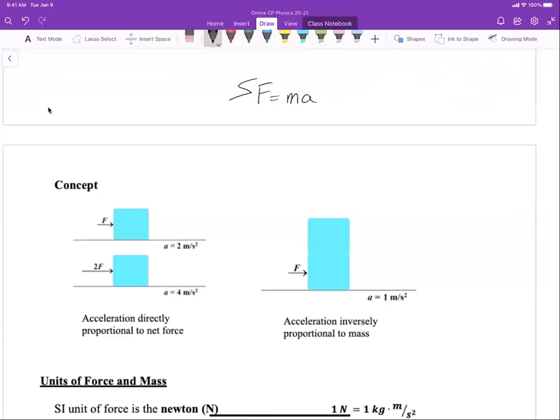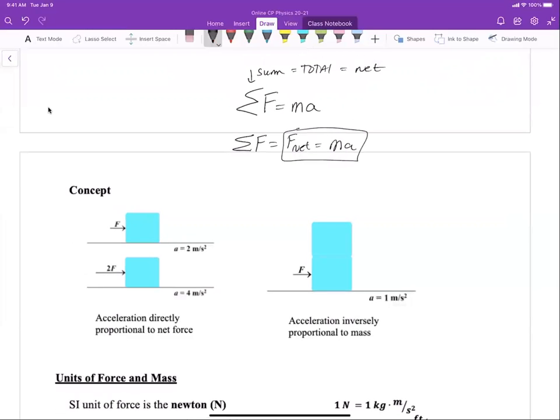How about the sum of the forces? What does that mean? This means sum. How about that equals the total? How about that equals net? So I have the sum of all the forces, which is equal to the net force, is equal to mass times acceleration. So the net force is equal to mass times acceleration. This is Newton's second law.